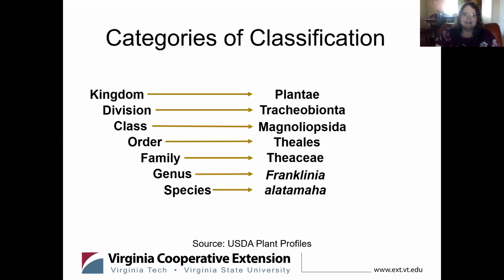For our example here: kingdom, Plantae; division, Tracheobionta; class, Magnoliopsida, I can never pronounce that one, sorry, I am butchering that name. Order, Theales; family, Theaceae. The common name for that family is the tea family.